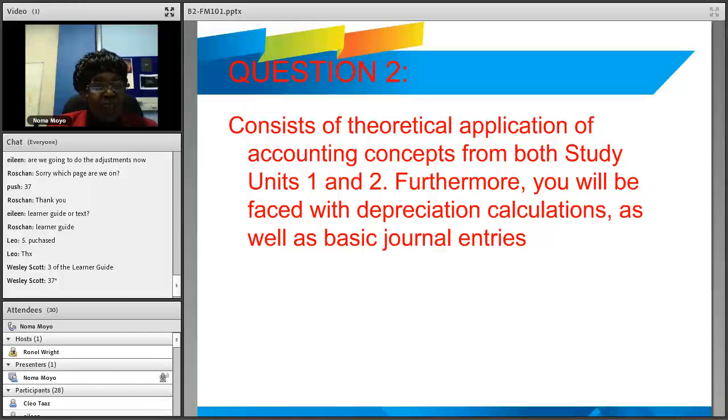In adjustments, you'll have bad debts, depreciation, and accrued income, which is income that you were supposed to receive but never received. You'll have income received in advance. You might also pay expenses in advance. All those fall under adjustments. So question 2 has to do with adjustments, but they've put special emphasis on depreciation.